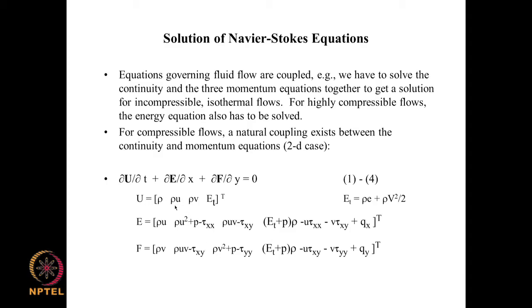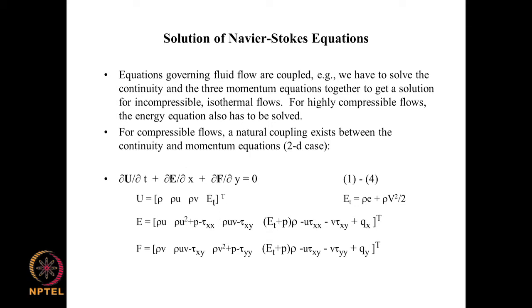This is rho u, whereas the second term of E here consists of 3 components, rho u square plus p minus tau xx, and we know that in the x momentum equation we have terms associated with dou by dou x of rho u square is what is coming here, and then you have minus dou p by dou x.